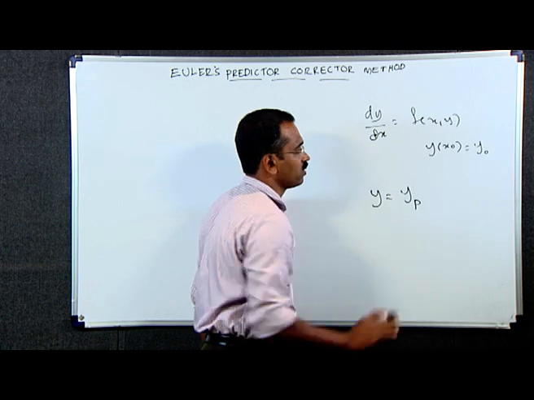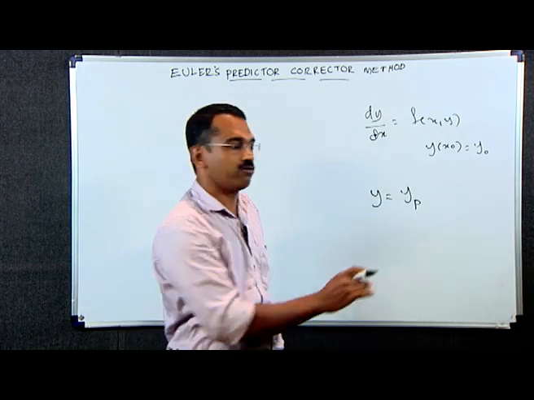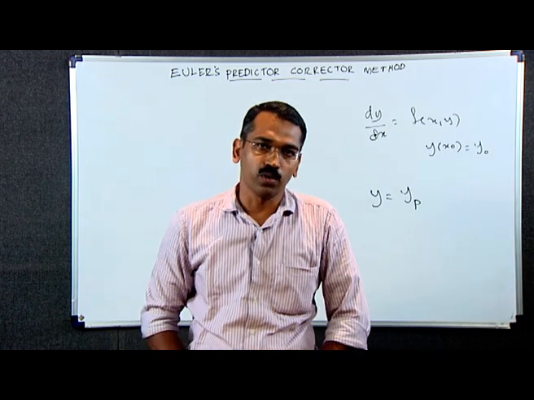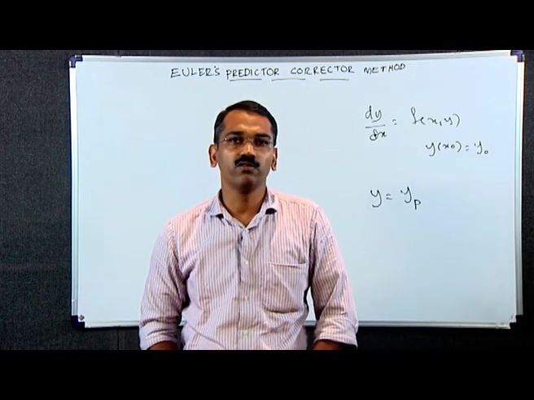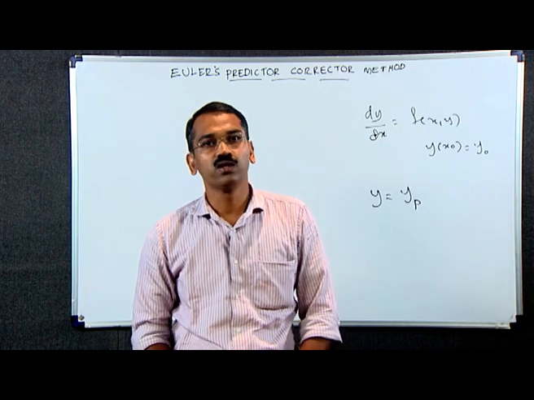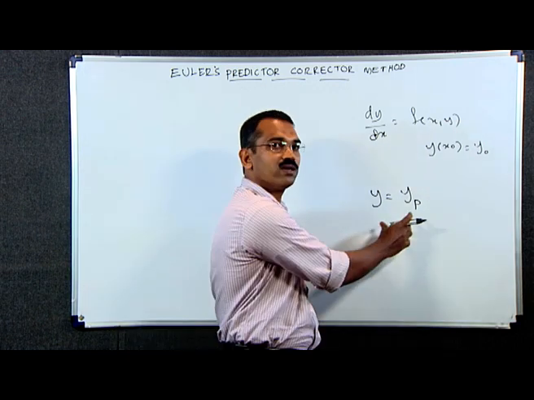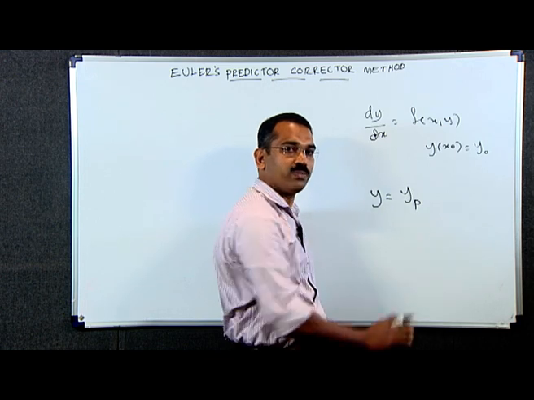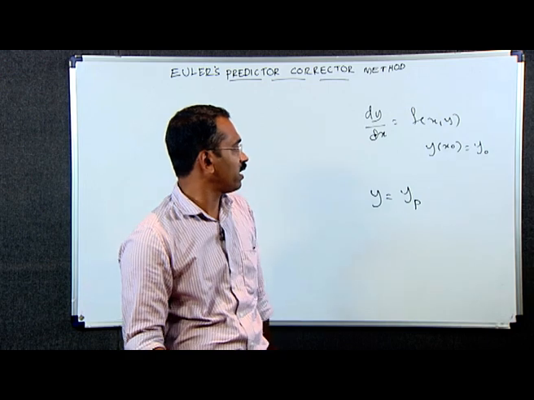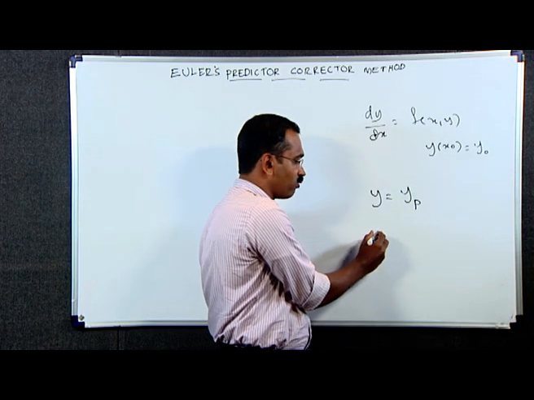We denote the crude approximation of y by yp at the required point. Then we use the second formula called the corrector formula to correct or to refine this value of yp and get a better approximation for the value of y, namely yc1.